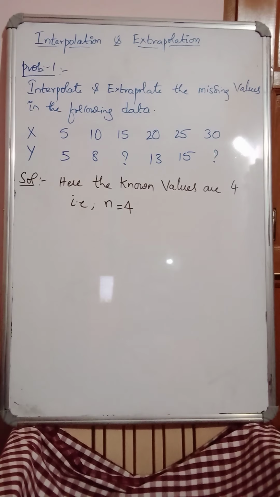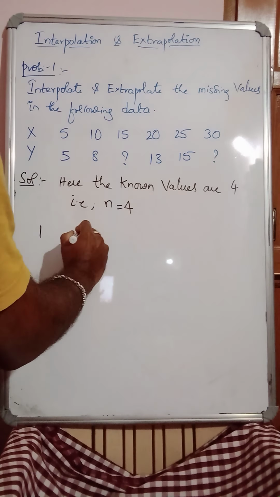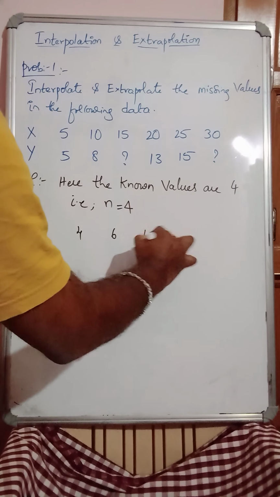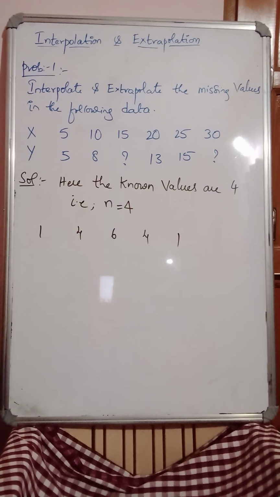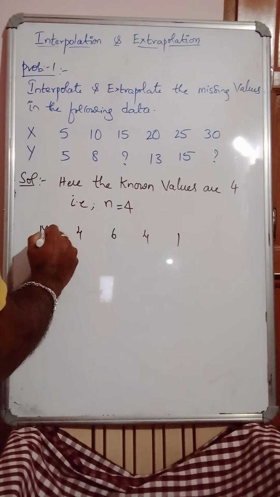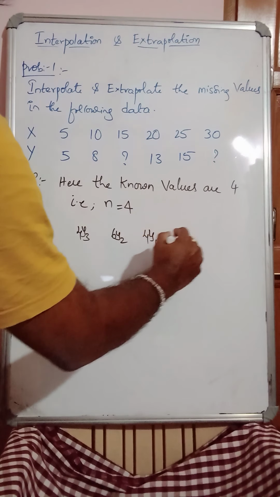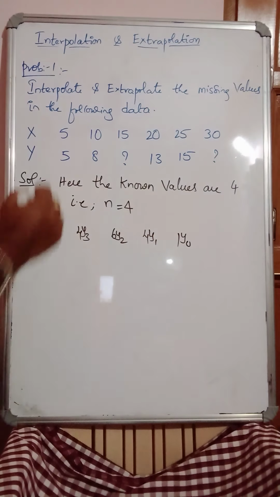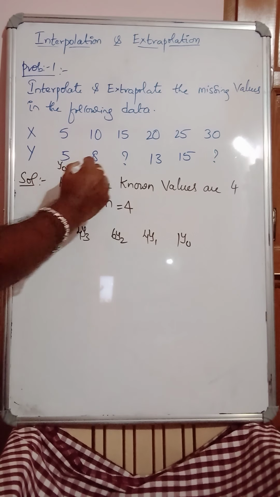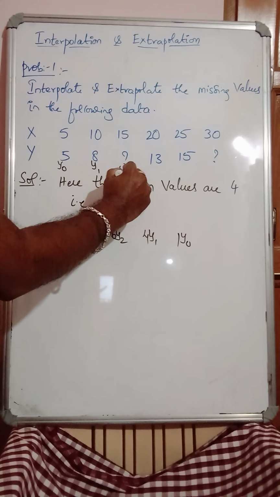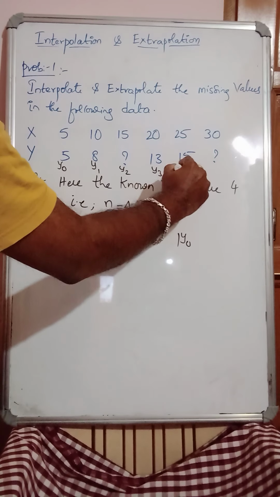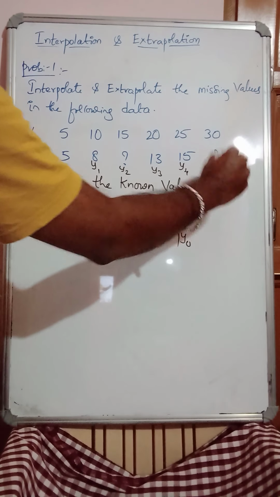Now, at n equals 4, what is the Pascal's triangle line, guys? 1, 4, 6, 4, 1. Then y4, y3, y2, y1, y0. Before that, you just make entries here: y0, y1, y2, y3, y4, y5.